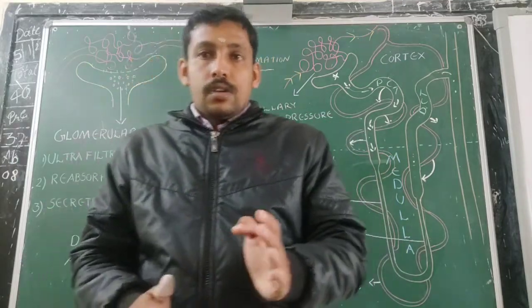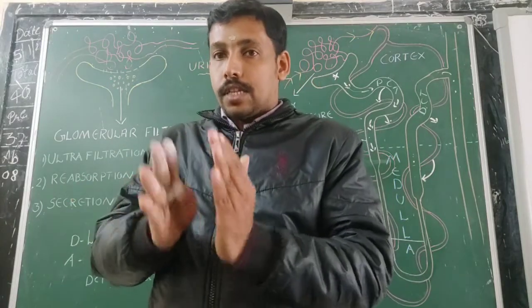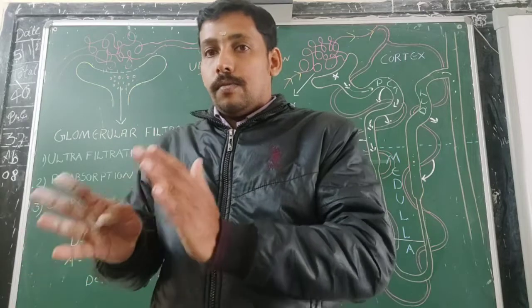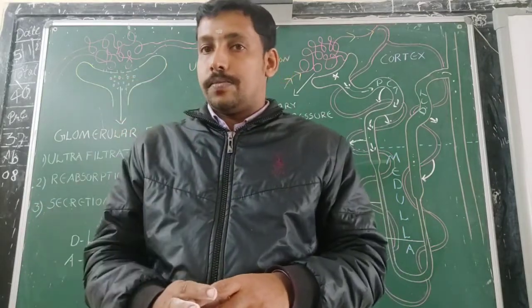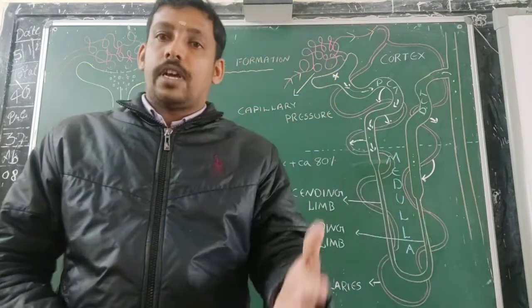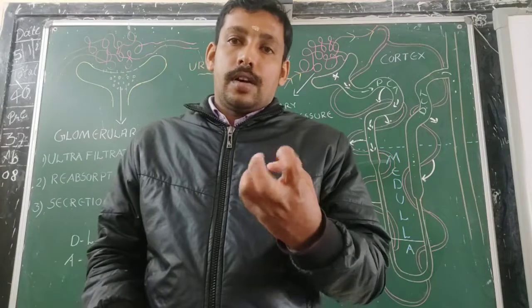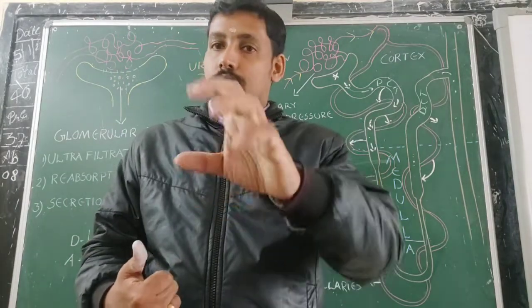In the next section, we will be studying the nervous system, the next chapter. Go through these two sections two more times and understand this. Then go through the textbook. If you find any doubt, you can contact me.